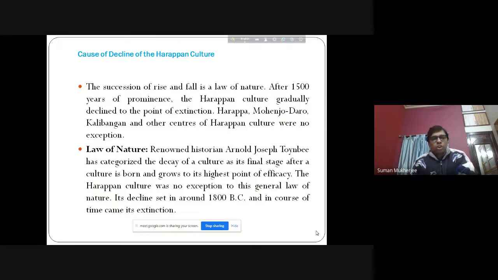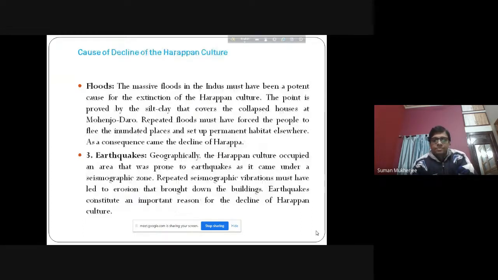The renowned historian Arnold Joseph Toynbee has categorized decay as the final stage of a culture after it is born and grows to its highest point of efficacy. The Harappan culture was no exception to this general law of nature, and its decline set in around 1800 BC, and in the course of time came its extinction. So the decline was by the law of nature.